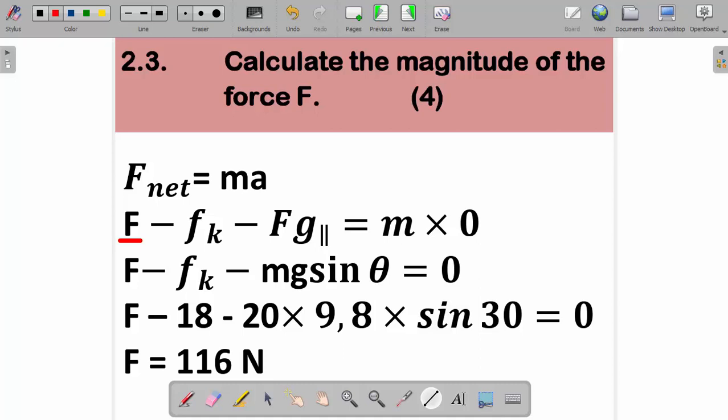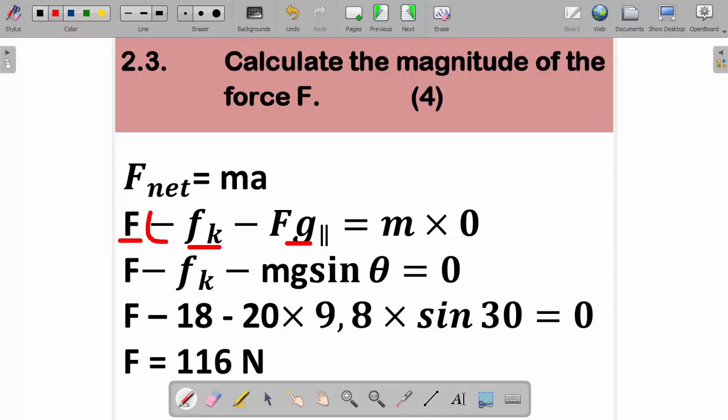Now the forces which are opposing this motion, we have frictional force and also Fg parallel. That's why these forces must be subtracted.